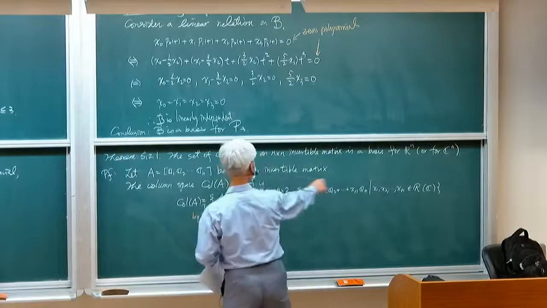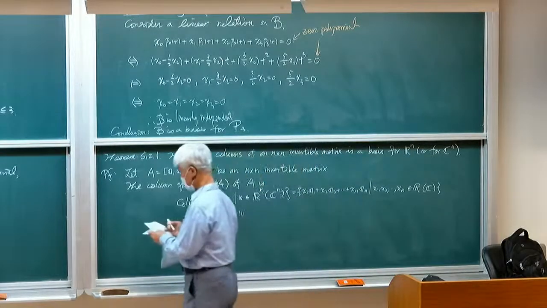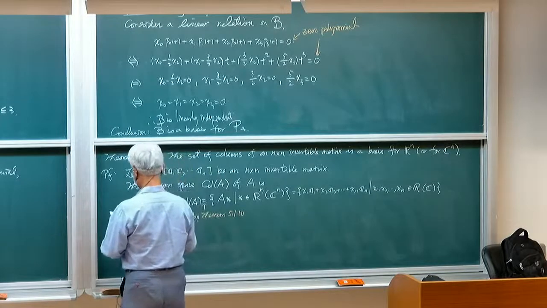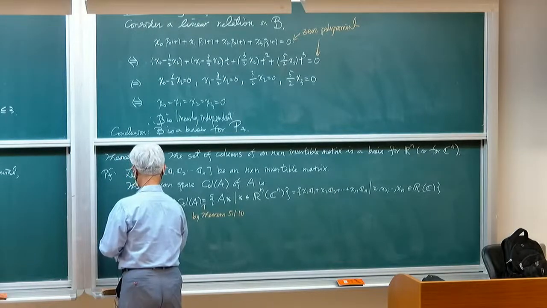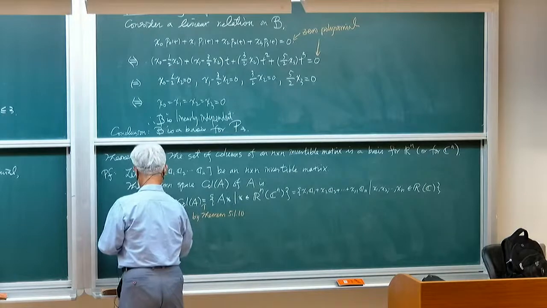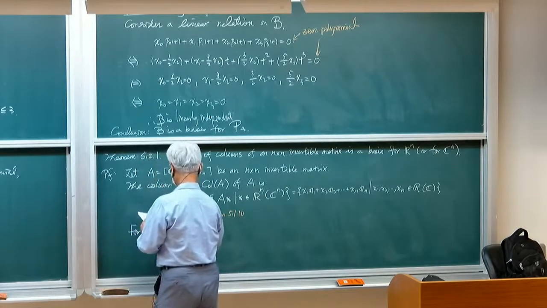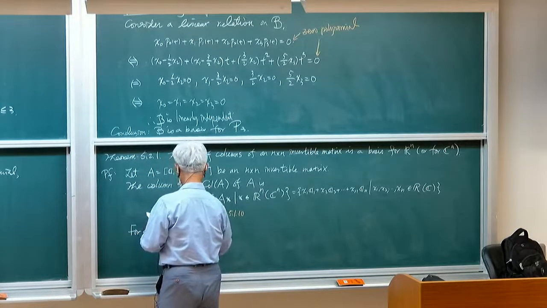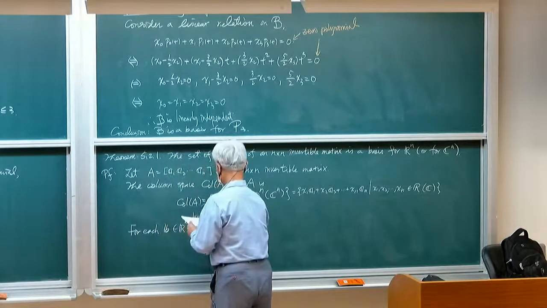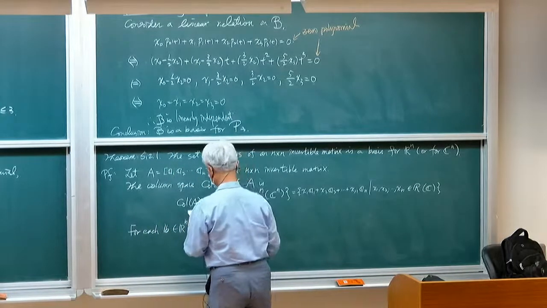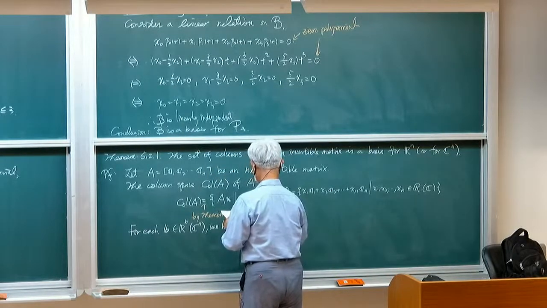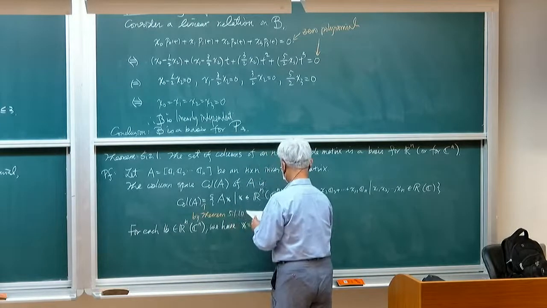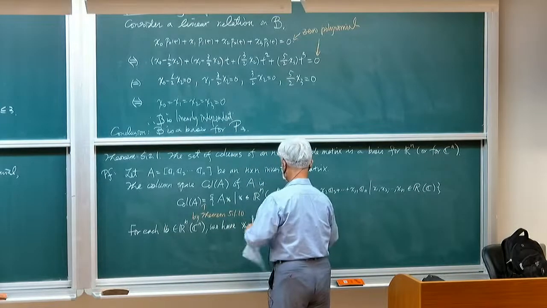All right, so this is the case that now for each b in Rn or in Cn, we have x equal to A inverse b is also in Cn.